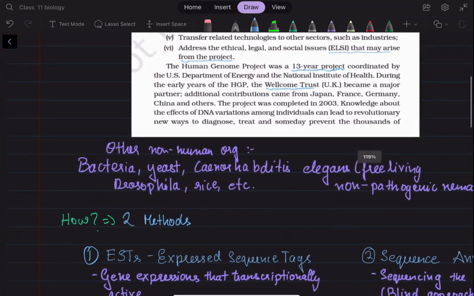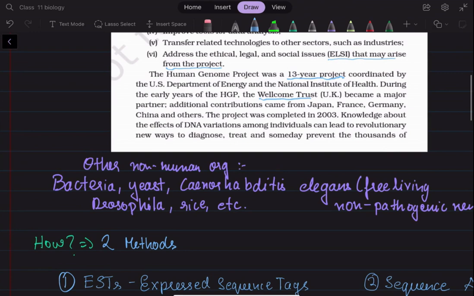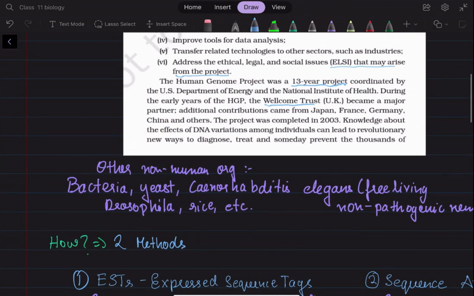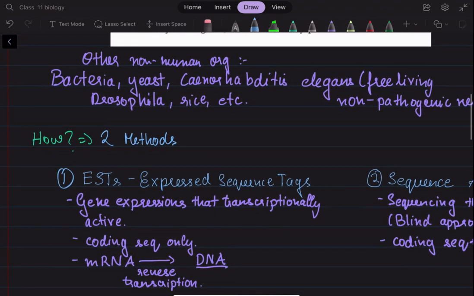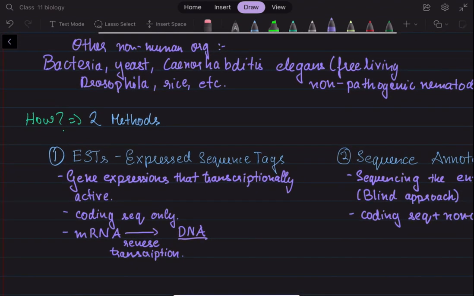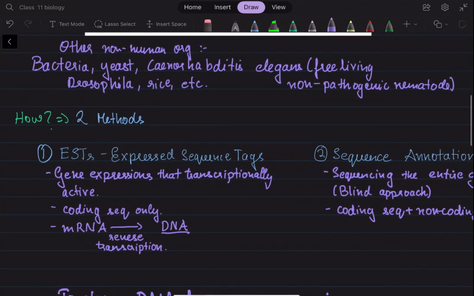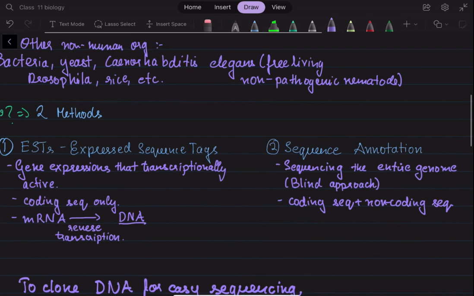So how exactly was this sequencing done? Sequencing basically means finding out the bases like A, T, G, C of the entire DNA. So how exactly was this achieved? There were two methods. First is expressed sequence tags and the second is sequence annotation. There were major differences between these two methods.